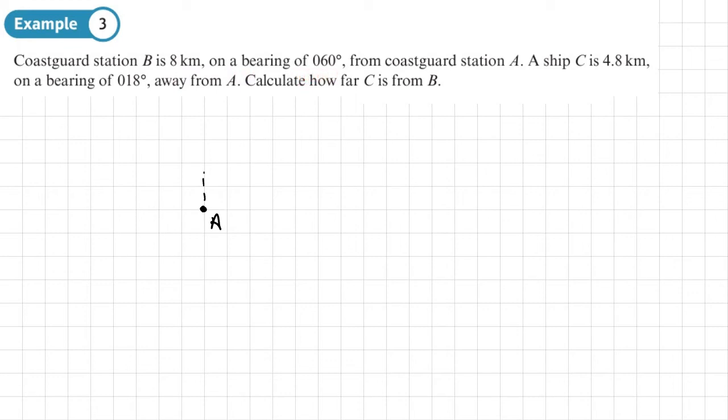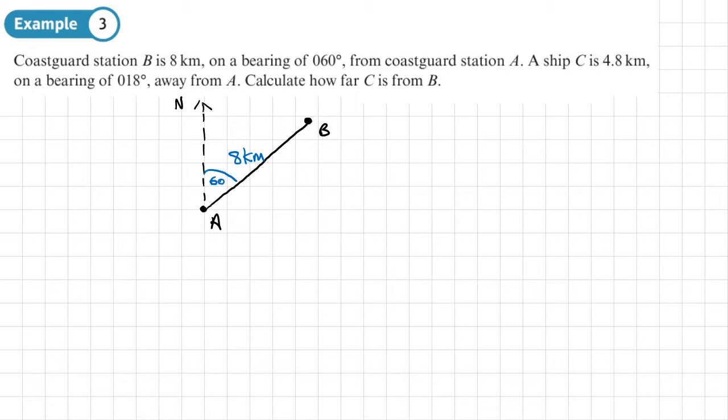degrees. So let's draw our north line in here, since we're dealing with bearings, and we want to go around 60 degrees. So, this is only a sketch to B like this, and we know that this distance here is 8 kilometers. Then we're going to add in this other ship, ship C, which is 4.8 kilometers away on a different bearing of 18 degrees. So we'll put here that this is 60 degrees.